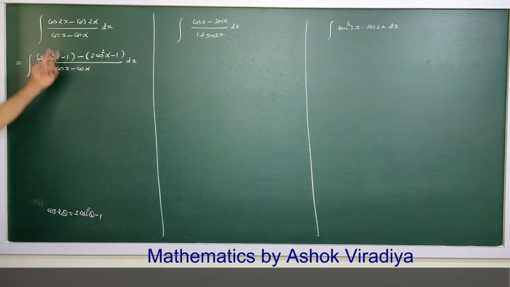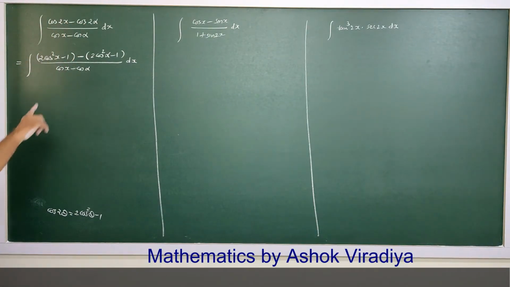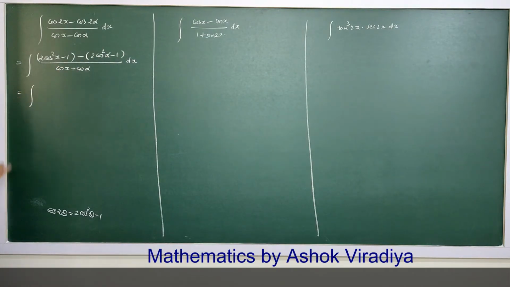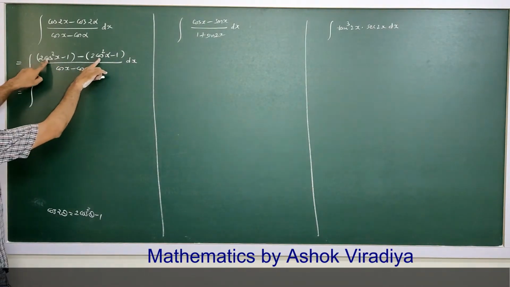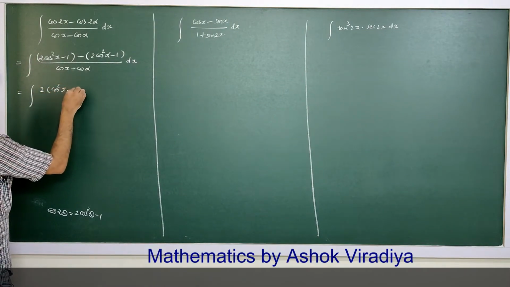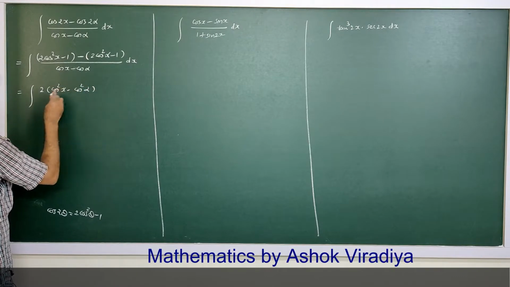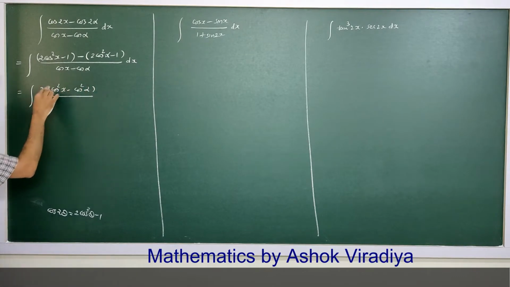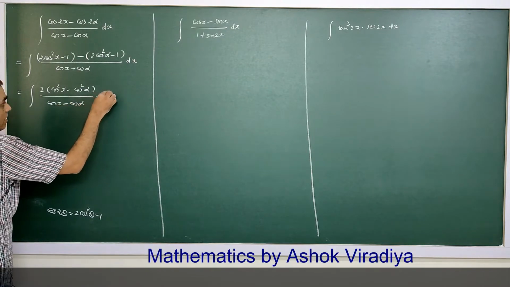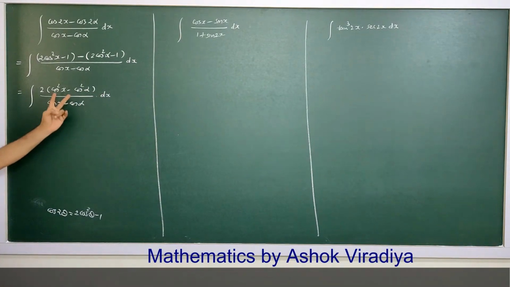Applying this formula to both terms in the numerator, because doing so this minus 1 will be cancelled, and from the two remaining terms 2 is common. Cos square x minus cos square alpha is left, and from the factors of cos square x minus cos square alpha, a factor cos x minus cos alpha will be cancelled.